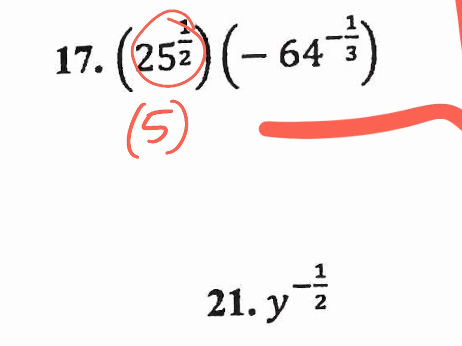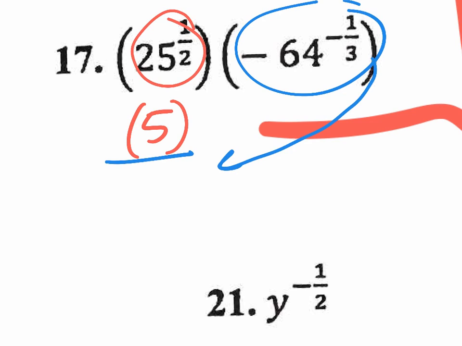Now, what about that negative 64 to the negative 1/3? Well, first of all, anything with a negative exponent, what should you do? Move it to the other side. Okay, so let's do that. Let's take this whole thing and move it underneath the 5. So at the bottom, I'm going to have negative 64 to the positive 1/3.